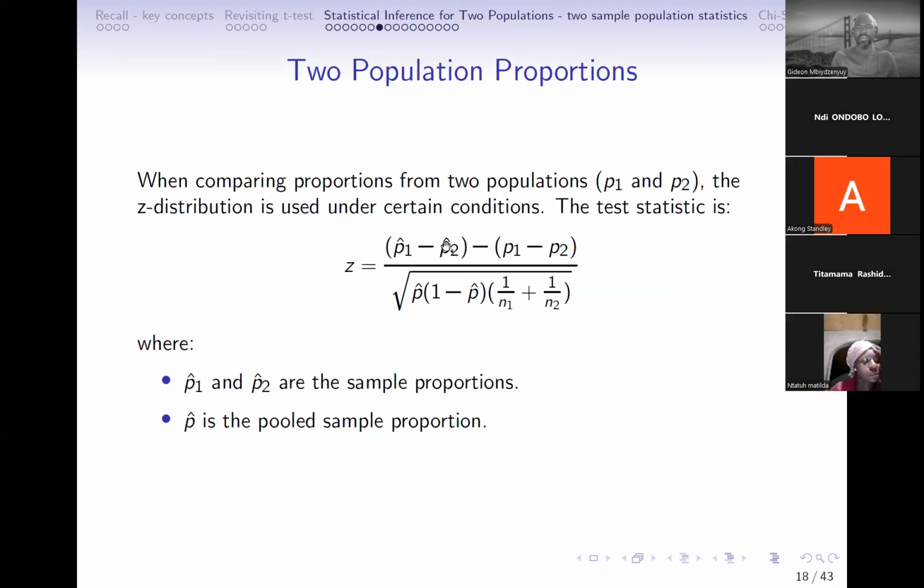So you then take the difference between P1 and P2. We also have P1 and P2 here without the hats. The P without the hat is the pooled sample proportion, whereas the P with the hat are the sample proportions from each of the populations. This one is from the individuals, this one is from the combined sample.